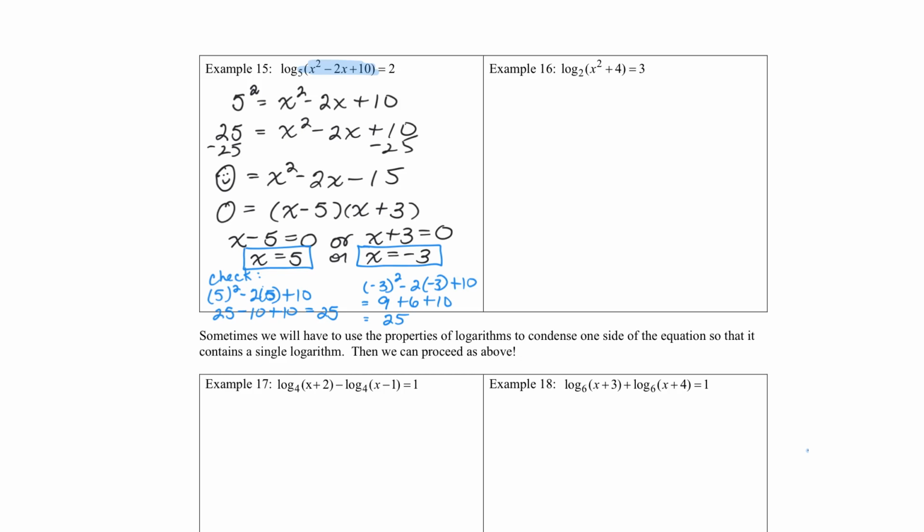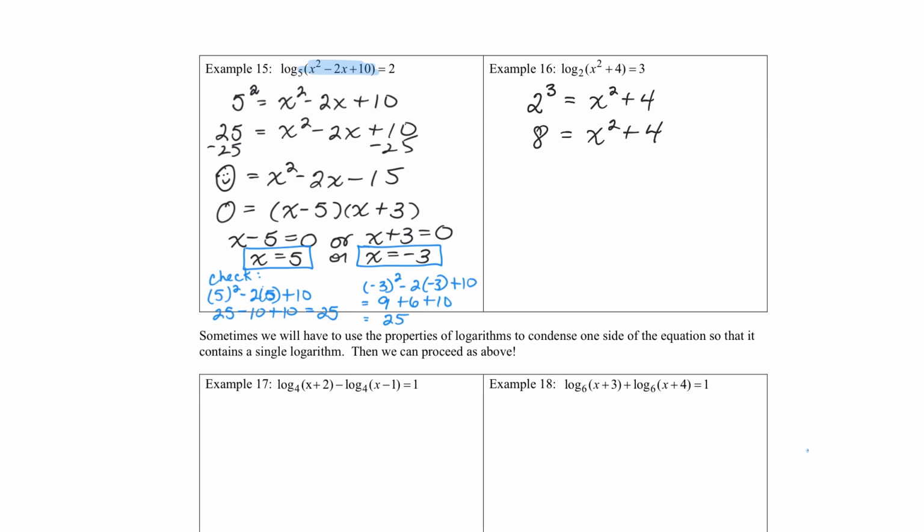Check. Now let's move on to number 16, and it says that log base 2 of x squared plus 4 is equal to 3. So I do have the form logarithm equal to a constant. The base is 2, the exponent is 3, the result is x squared plus 4. So 2 cubed is 8 equals x squared plus 4.